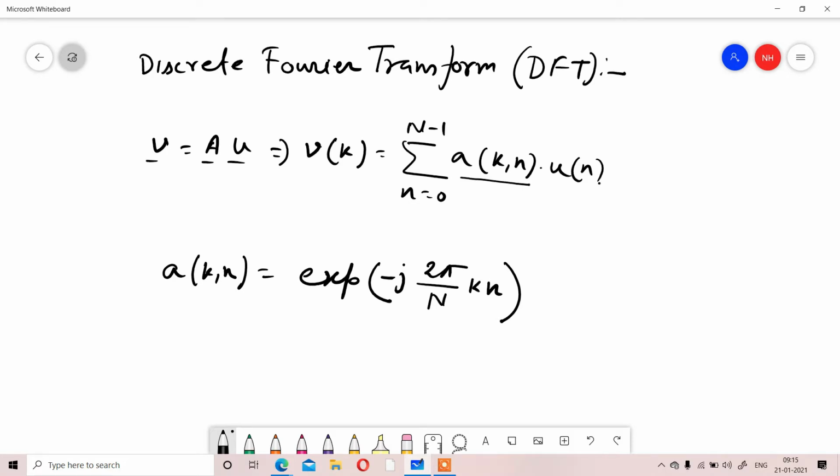If you can recapture the part from digital signal processing, you can understand that this is one term used in the DFT equation. So that is called your transformation matrix, and that transformation matrix is used to calculate the DFT.